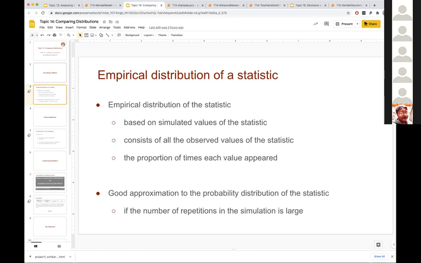So when I say the empirical distribution of a statistic, I'm referring to the distribution based on our simulation, okay? It's all of the observed values of the statistic from our simulation and how often they appeared, right? That's just our standard histogram.